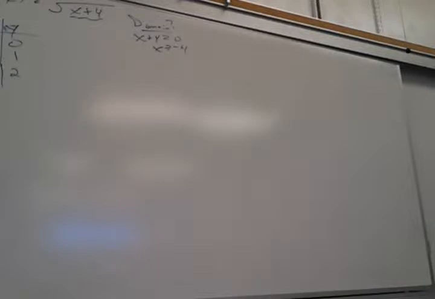Now, when I first graph this, it could be a really weird window, based on what I did before. So does somebody remember, whenever I put a new graph in, the very first thing I hit is zoom 6, the zoom standard. It puts it into the -10 to 10, -10 to 10 window, so it's a decent window to start with for most things.